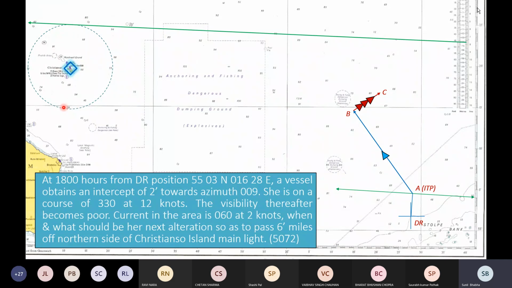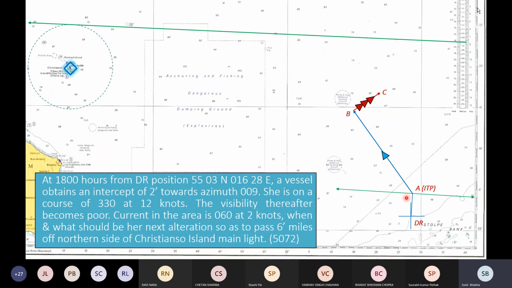There was a possibility of drawing the tangent on the other side also, but it is specifically mentioned that the vessel should pass on the northern side of the Christianso Island main light. So this line is going to act as our second course made good.